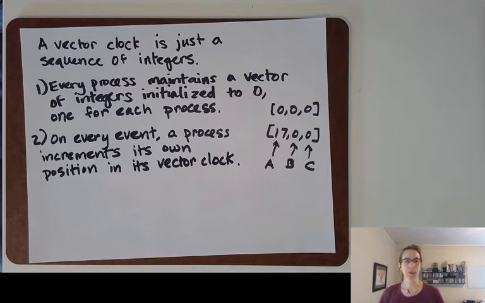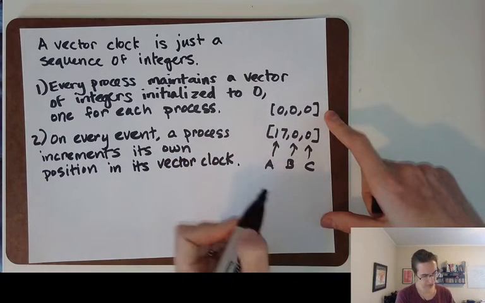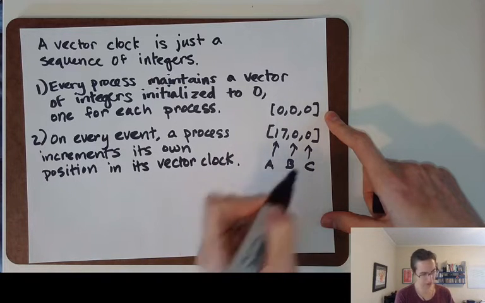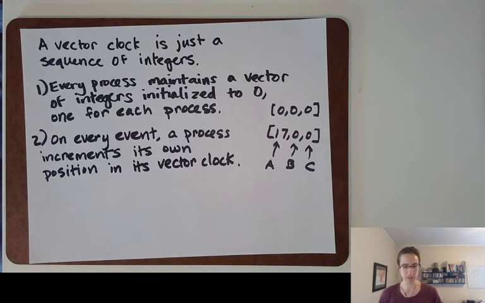Somebody's asking a really great question in chat, which is, what if you don't know how many processes there are in the system? How would you handle this? Because, for example, here, I'm saying that every process is going to maintain this vector. So Alice, Bob, and Carol are each going to keep a 3-element vector because Alice, Bob, and Carol each know about Alice, Bob, and Carol. But what if the processes don't know about the other processes that exist? That's a great question.